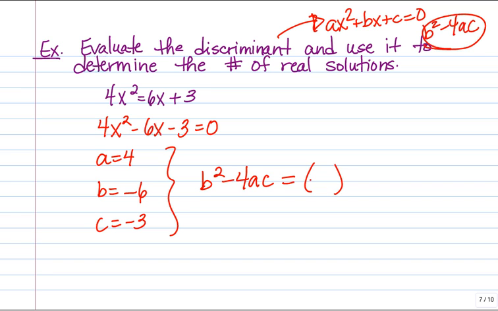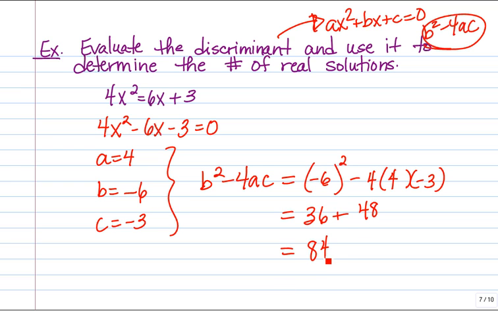Right, b is -6 squared minus 4 times the value of a is 4, and c is -3. So just simplifying this now, we get 36. Notice a negative times negative is positive. What is that? 16 times 3 is 48. And so this number is 84.